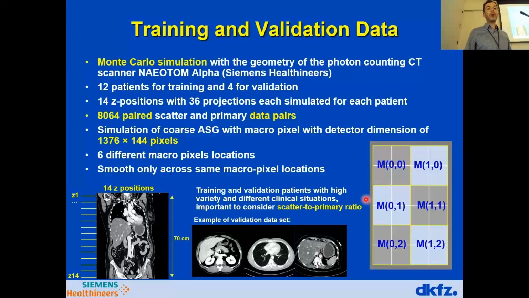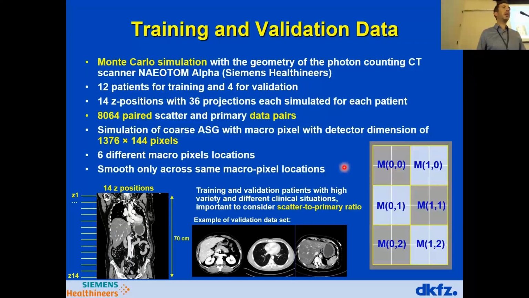We have simulated the coarse anti-scatter grid, as shown before, where we have the 6 different macropixel locations, which will be important for the next slide. Also, after doing some Monte Carlo simulations, normally you will do some smoothing, some Gaussian filter. Here, it's important to do this smoothing just across the same macropixel locations.